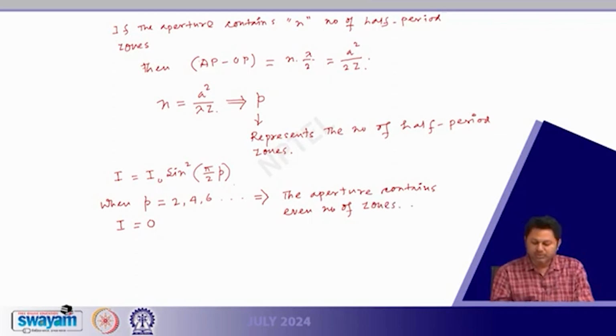When the aperture contains an even number of zones, the individual zones cancel out their individual contributions, and essentially we get a very low intensity, and we also get that from this calculation.